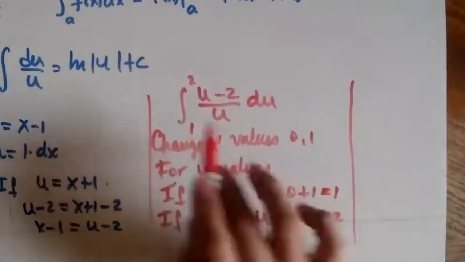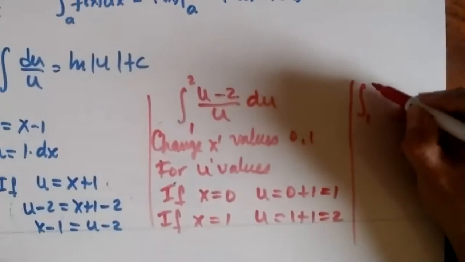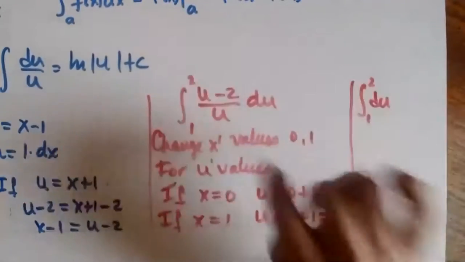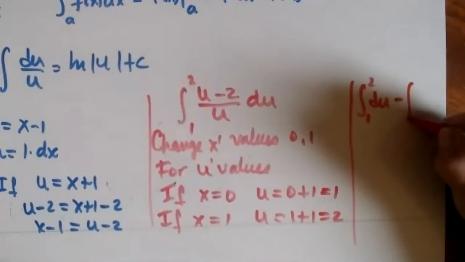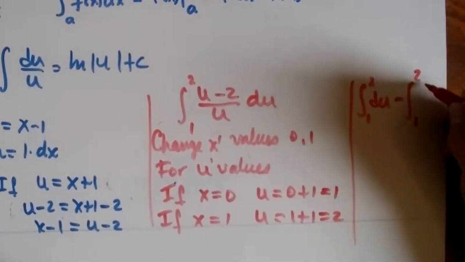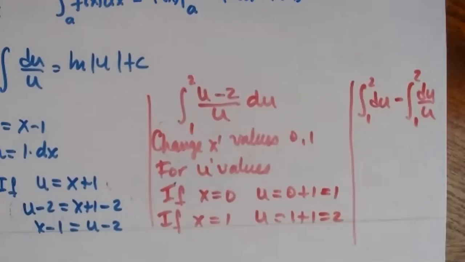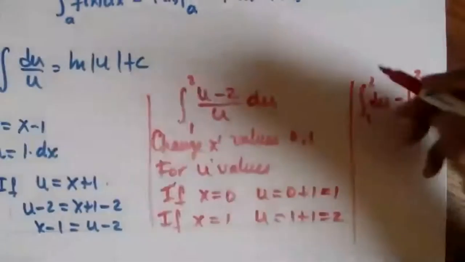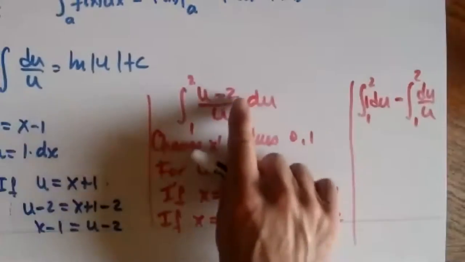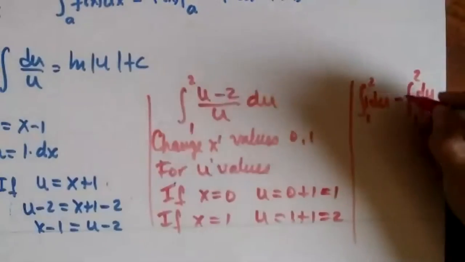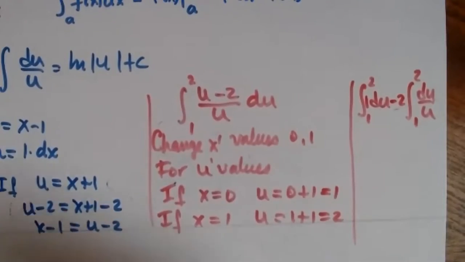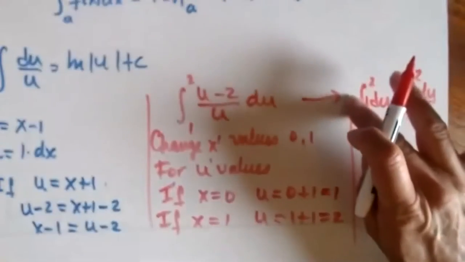This is the integral from 1 to 2 of u over u, which is 1, minus 2 times the integral from 1 to 2 of du over u. So I'm going to split this: u over u is 1, and I'm going to put the 2 outside.